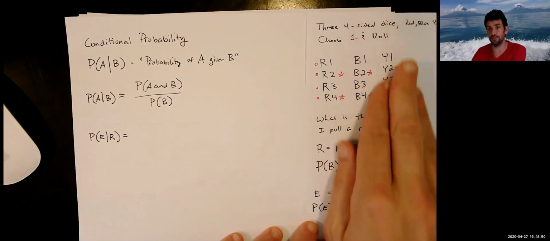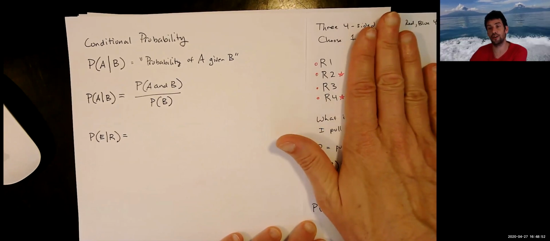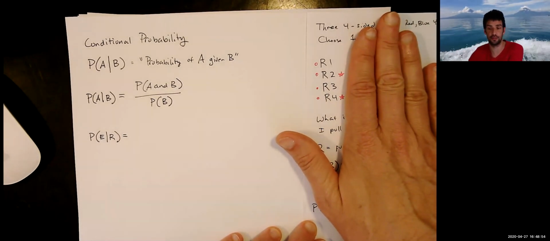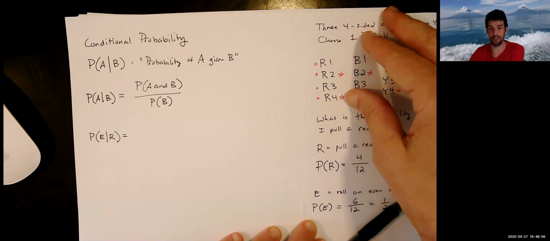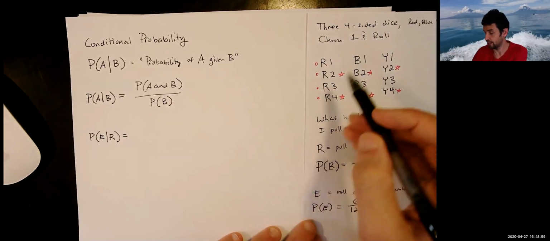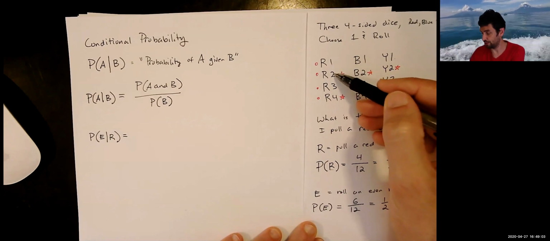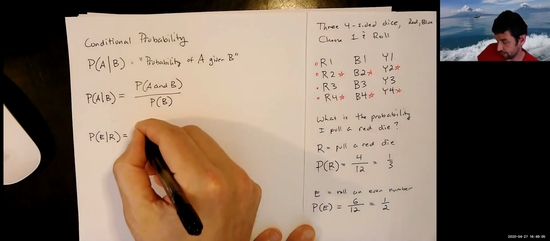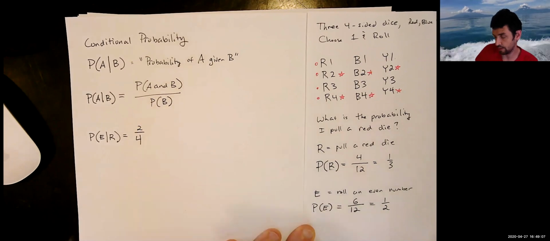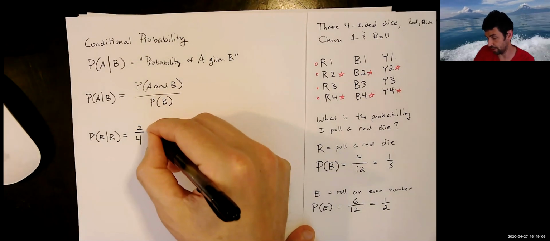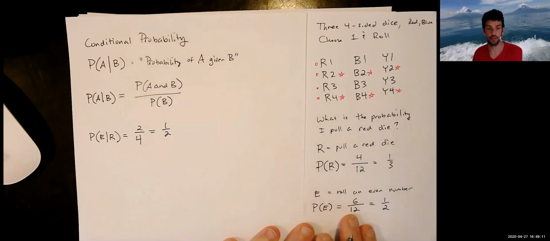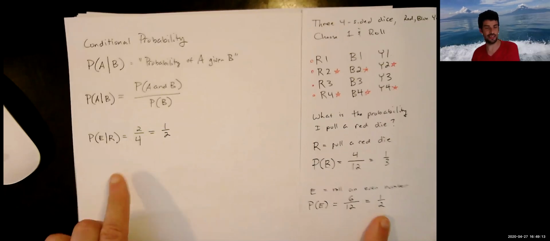These two columns, the blue and the yellow, are no longer possible, right? So I'm only in this sample space, okay? And here, I can just count out of these four, there's 2 even possibilities out of 4, which gives me 1/2, which is actually the same in this case.